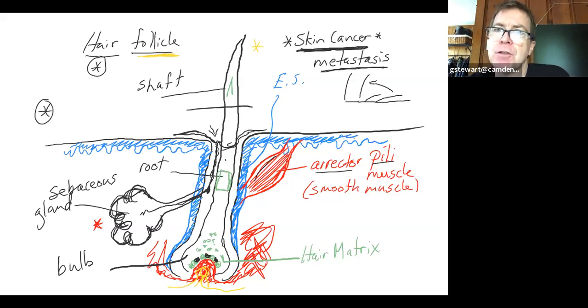And if they travel to a vital organ, in the case of malignant melanoma, that would be the brain. Melanoma likes to metastasize to the brain. And when those uncontrolled melanoma cells set up shop in our brains, they choke off brain function, and that's really the cause of death.